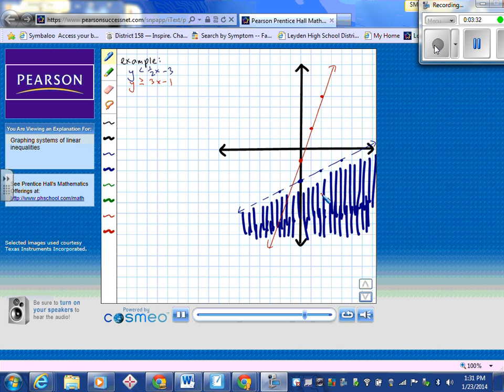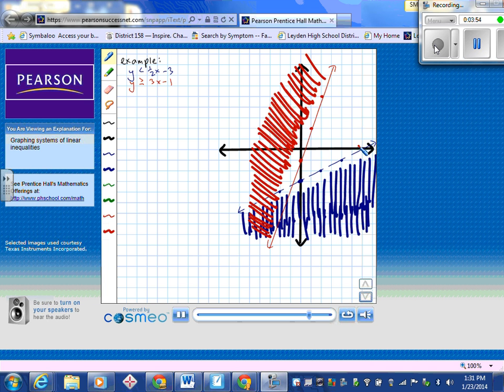So here we have the solid line. And we see also that because it's greater than, we're going to shade above the line. So I'm going to go ahead and do that. I am shading the region above this line.